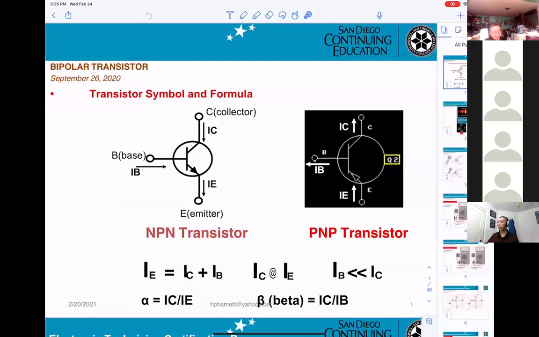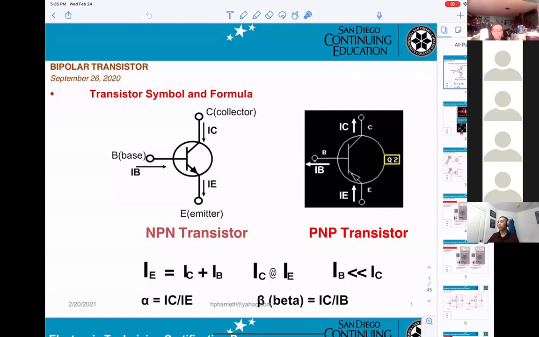Okay, you understand, you get a diode, a PN junction. And we'll see they are just using diodes to make the transistor. Right now, when you're looking at the symbol, I want you to recognize NPN and PNP.